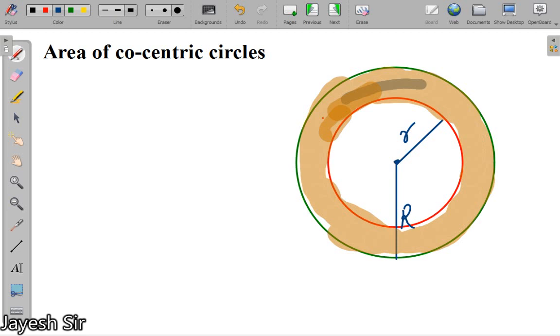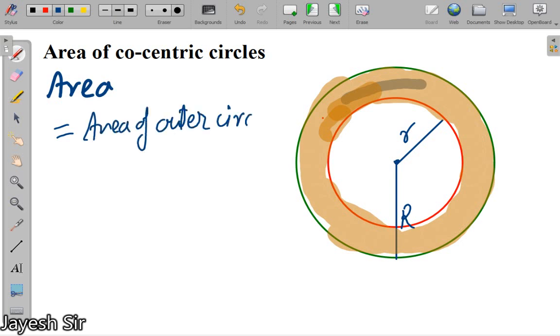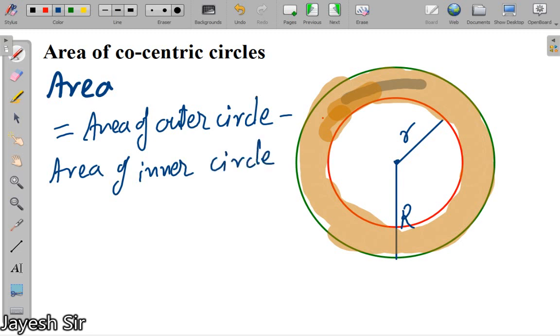What I am asking you is, there is a paper, I have given you a circle, and you have to make it like this. How will you do it? You will cut out this inner circle from the middle. Same thing with the area of concentric circles, it will be area of outer circle minus area of inner circle. So area of outer circle is pi capital R square.